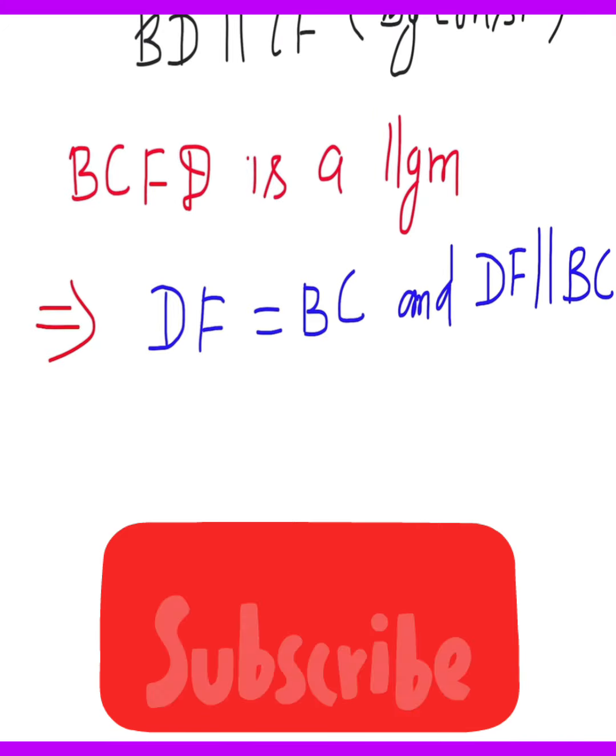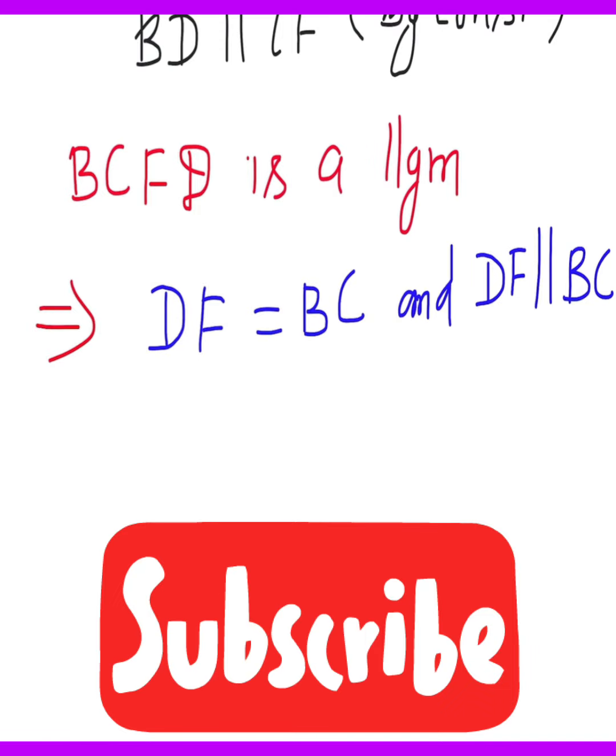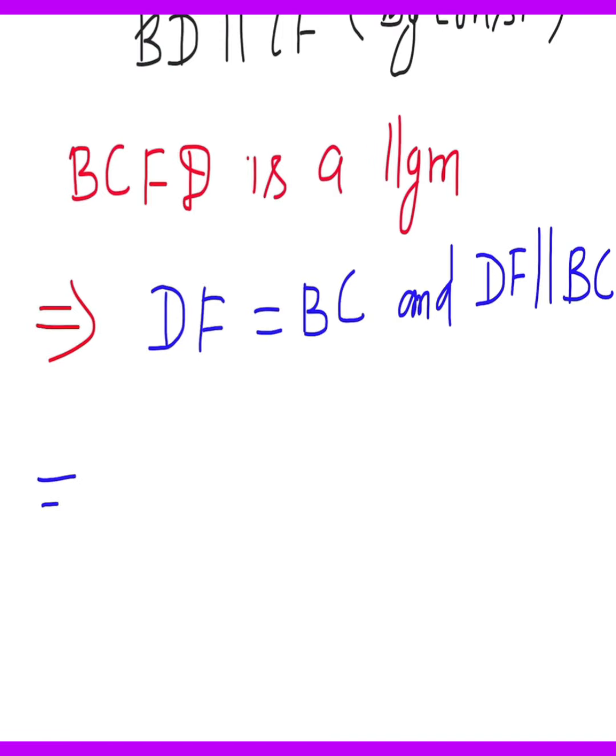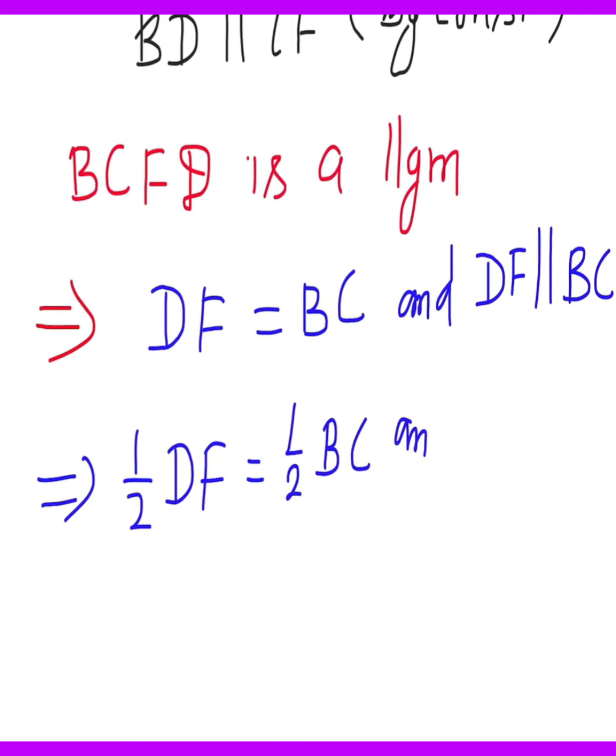But now if you multiply by half in this step, that is half of DF equal to half of BC, and this result you will write same to same.